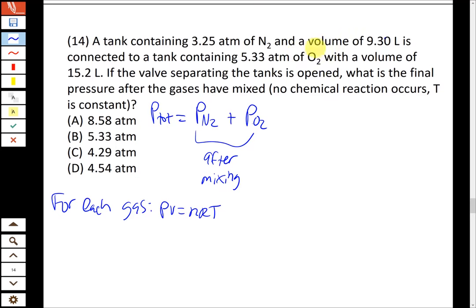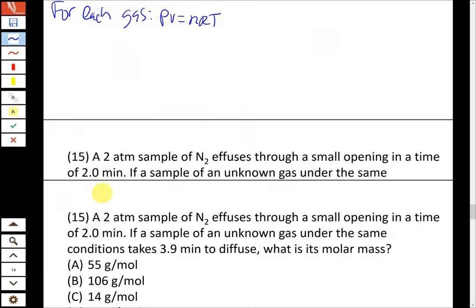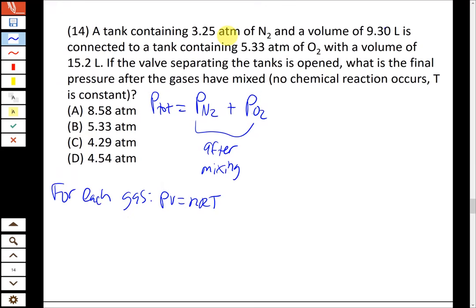So imagine you just have two containers here, 9.3 and 15.2. And then once you open up the valve between them, they mix together, the gases will occupy that entire space. So the volume is changing for each gas after you mix it, and then the pressure, of course, would change as well. We're saying that the temperature is constant, and we're not changing the amount of gas that we have for each one, so it's going to be just a Boyle's law problem.